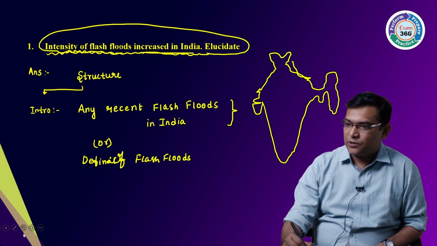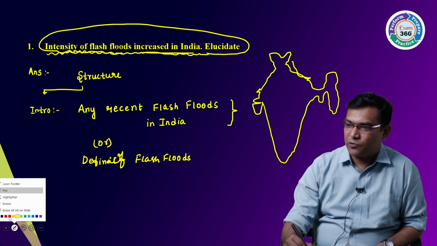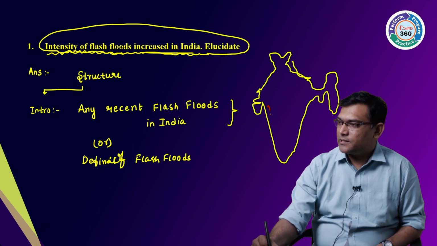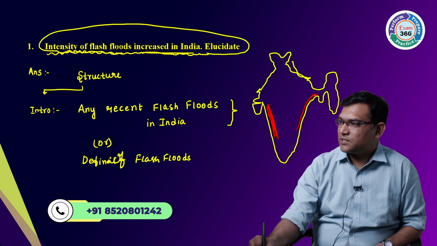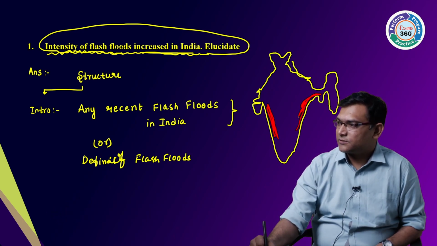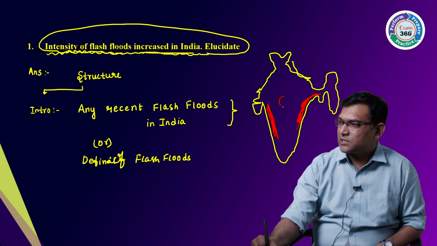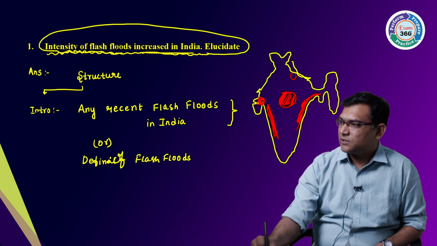Now you have to write where the flash floods occur more. You can show on this map that in these areas flash floods occur, these areas, and these areas, and even the northeast.